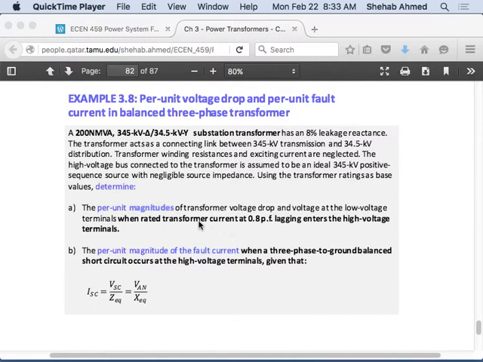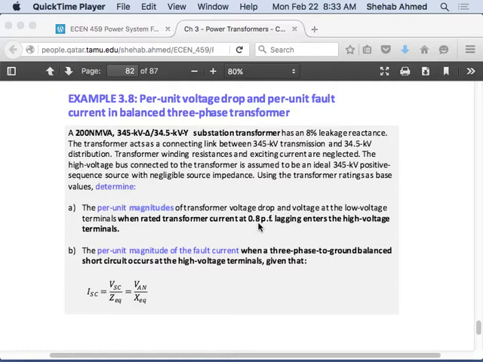So they're telling you that rated current is going into the transformer. If you are using rated transformer values as your base, what is the value of the rated current in that case? Exactly 1, because they're telling you to use the transformer ratings as the base.